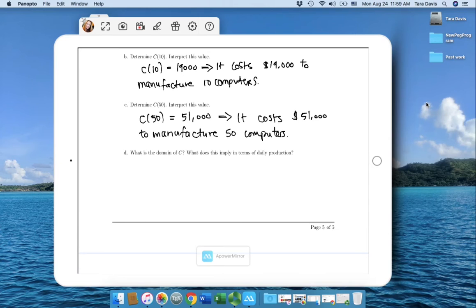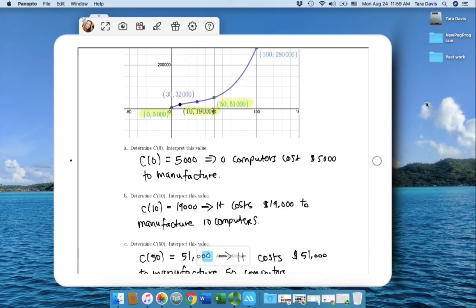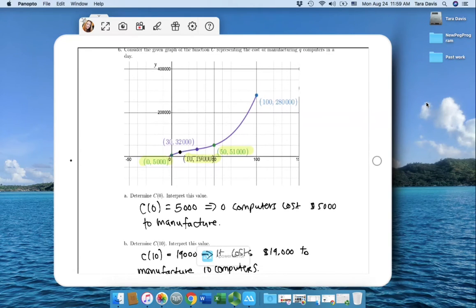And then again, what does this imply in terms of daily production? So we know that the domain is talking about the X values, and this one is a little different because usually our graphs just kind of keep on going forever in either direction. But if you really look at this graph, the only X values that actually have Y values are on this X interval.